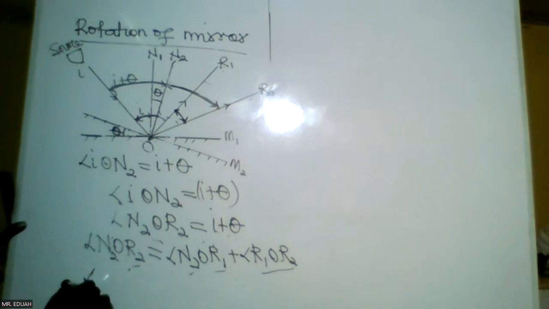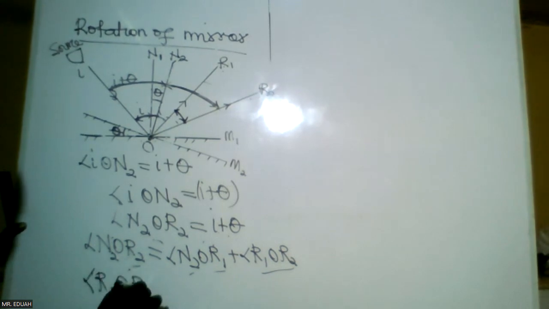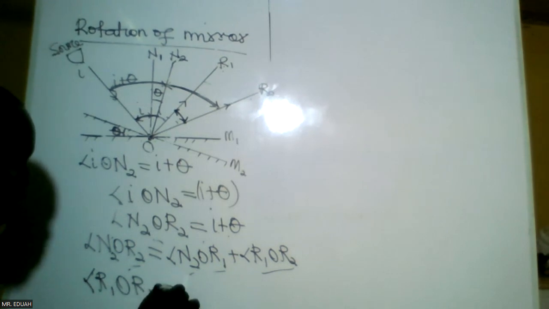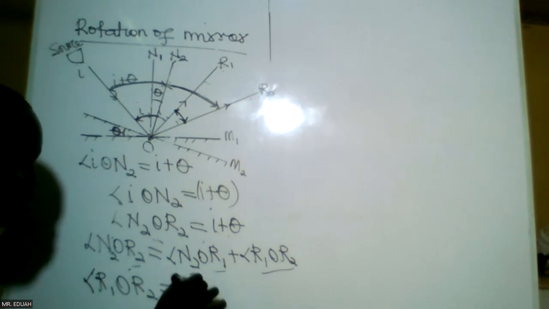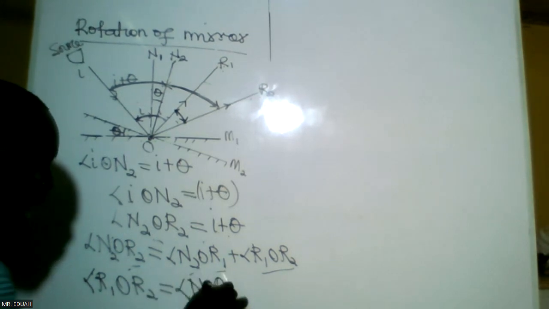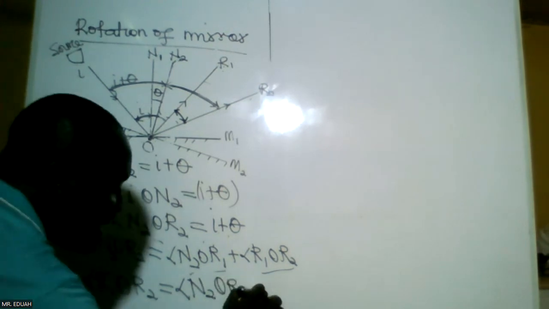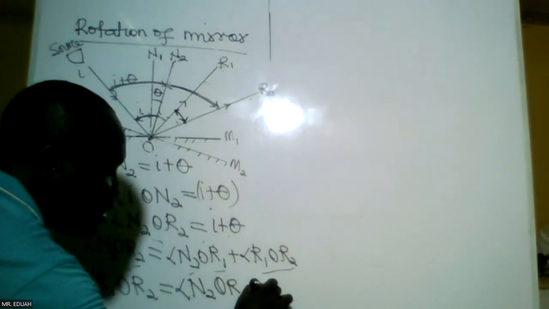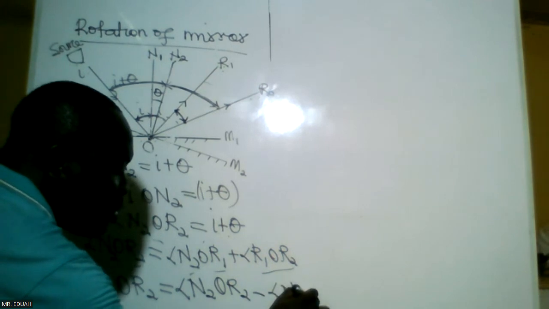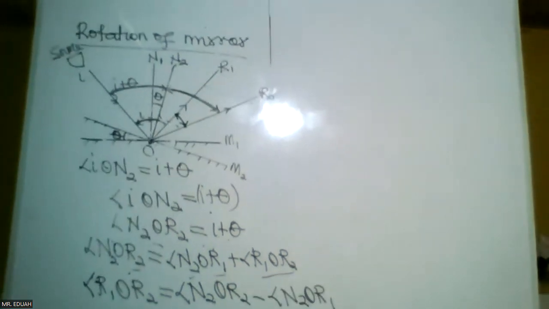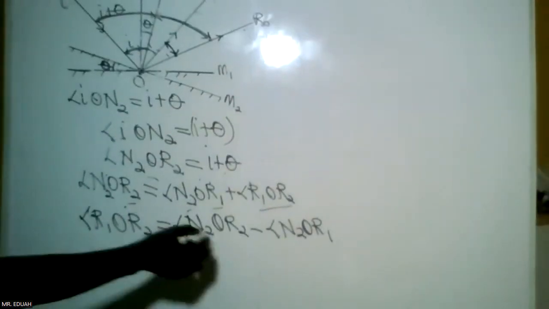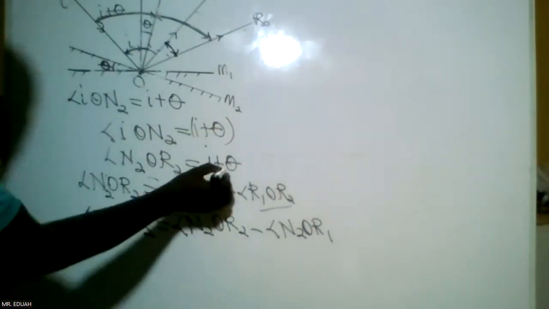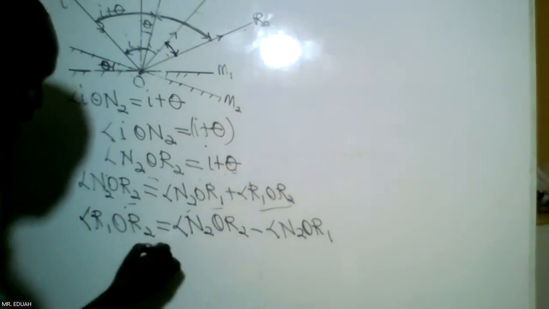Therefore, angle R1OR2 is equal to angle N2OR2 minus angle N2OR1.